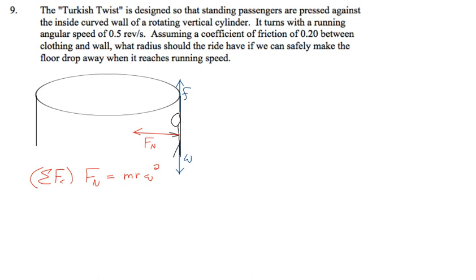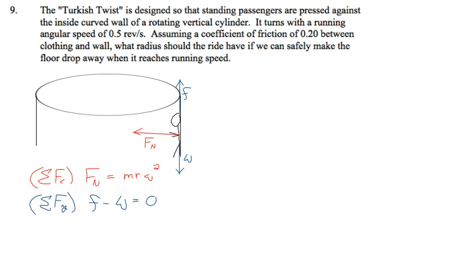Okay, you don't want to use mv squared over r because the v has r's hidden in it, and I need all my r's exposed if I'm solving for r. So that's my equation in the centripetal direction. And in the y direction, it's going to be friction minus W equals 0.